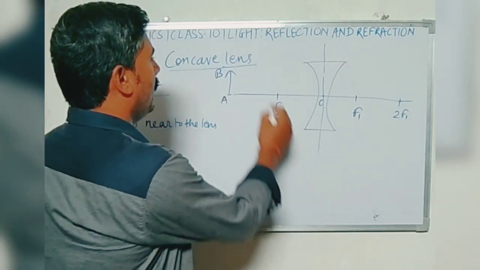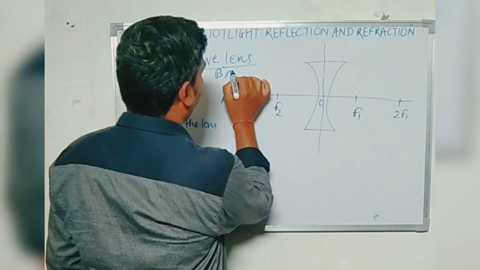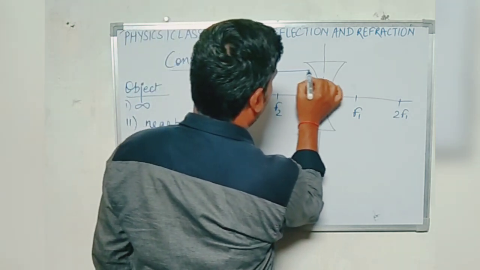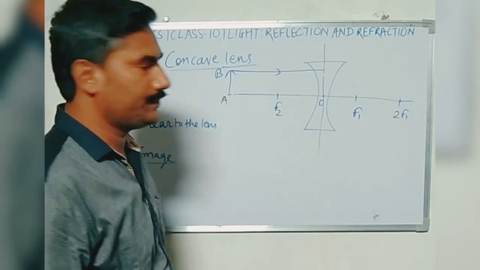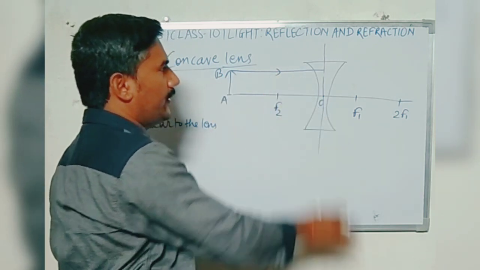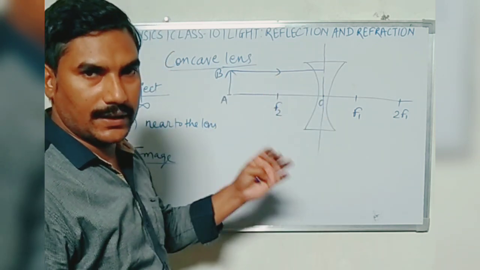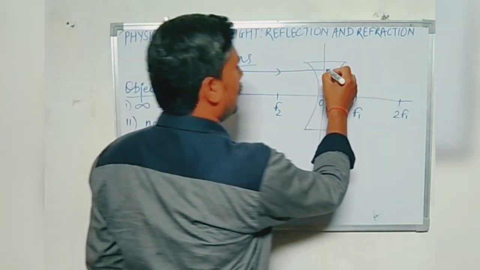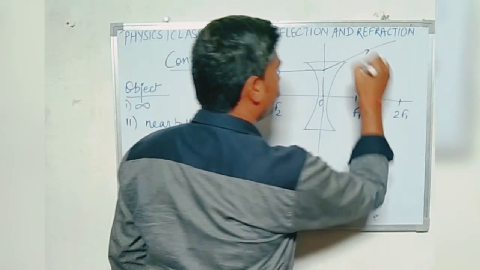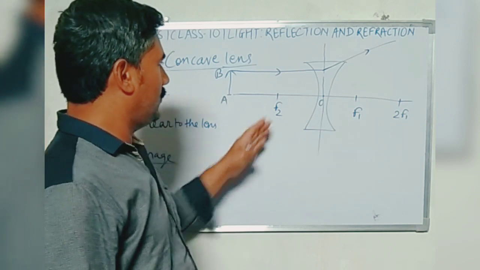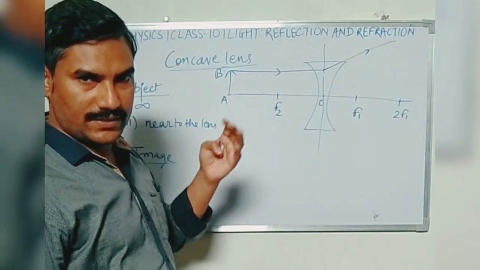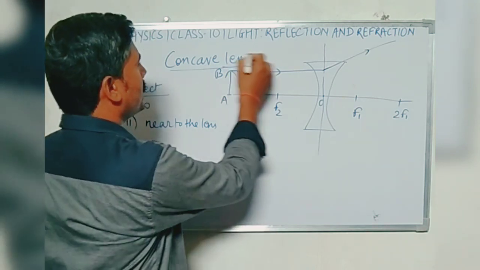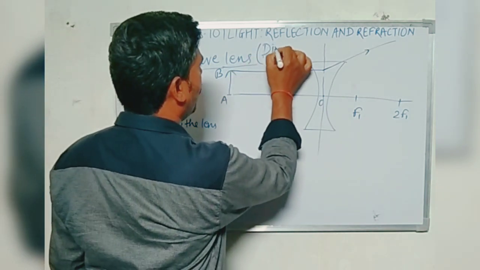lens. A ray which is striking this concave lens, after striking it gets diverged to this direction. As we know, this concave lens is also known as diverging lens. We have discussed in the previous lecture that this concave lens is also known as diverging lens.